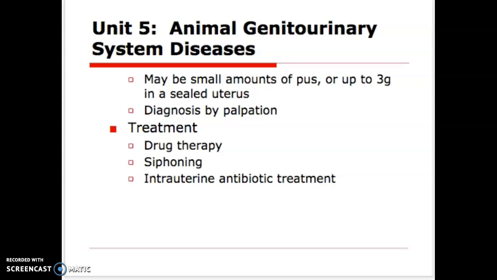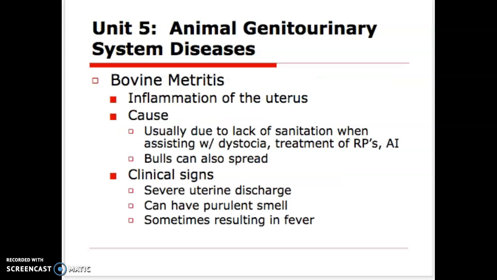Anytime that you go into the uterine tract, you want to be as sanitary as you can. And so that's problematic occasionally, is you could be dragging more bacteria in than you're cleaning out. So if you have to go to siphoning that out or intrauterine antibiotic treatment, make sure that you have consulted with your veterinarian and you know exactly what you want to do.